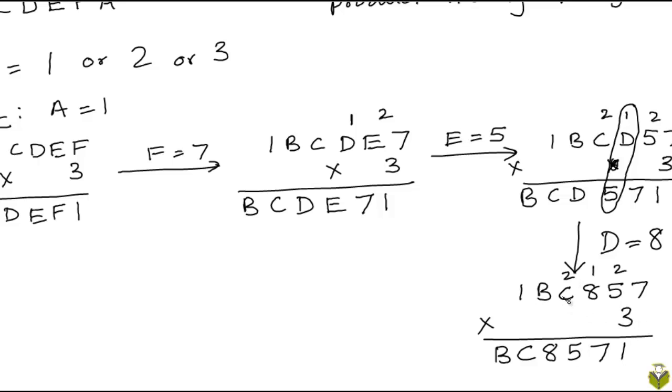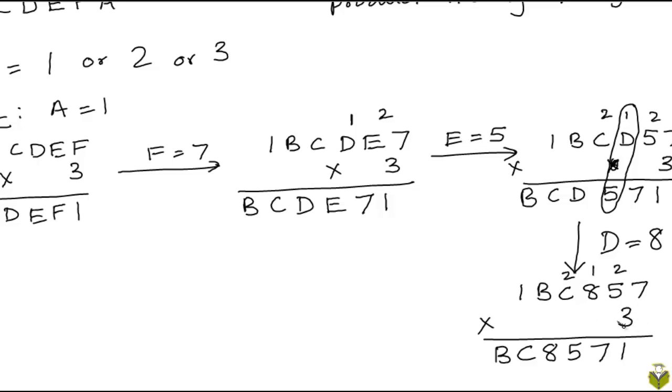Now 3 times C should be a number such that if you add a 2 to that number, you get an 8 in the units place. This means 3 times C should be some number that has a 6 in the units place, because if it had a 6 in the units place, when we add 2 to it, it would result in a number that had an 8 in the units place.